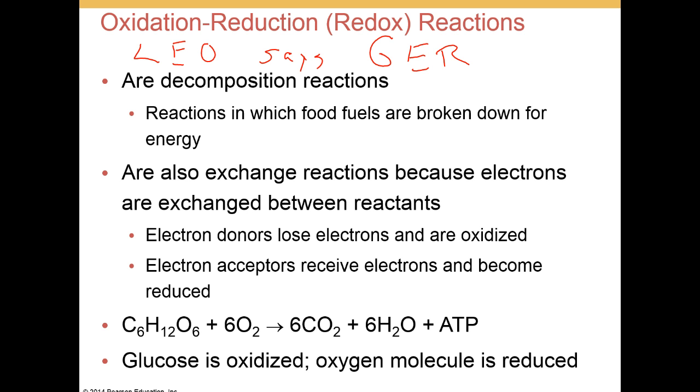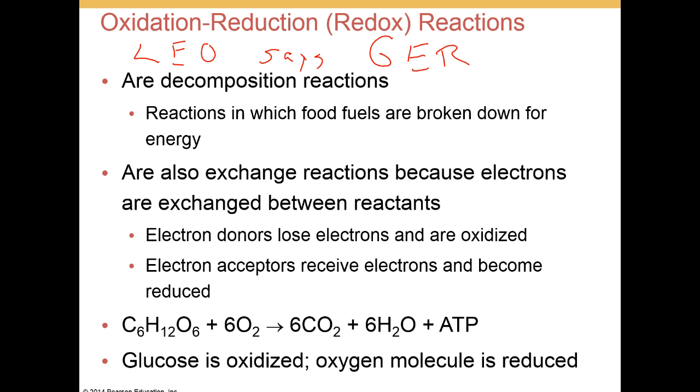All right, so we have 1 glucose molecule plus 6 oxygen molecules yields 6 carbon dioxides plus 6 waters plus ATP. So that's a good example of where this molecule is going to be completely rearranged.